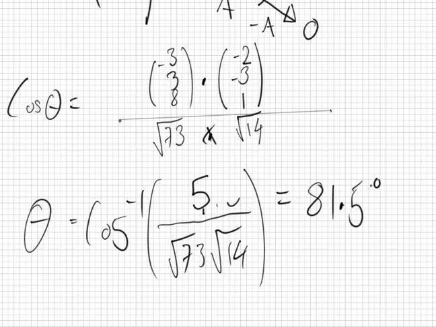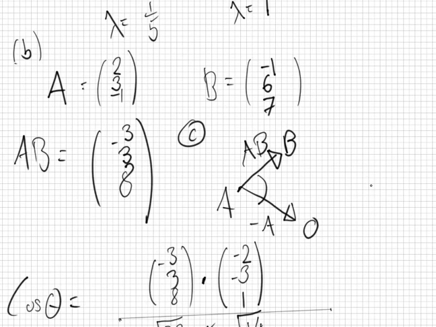I still don't understand why you used minus 2 minus 3. Ah, okay. The reason is because they want the angle between BAO. So this first vector is A to B, that's fine.